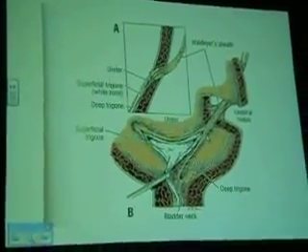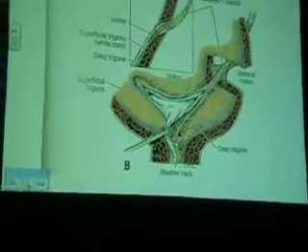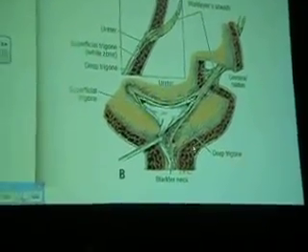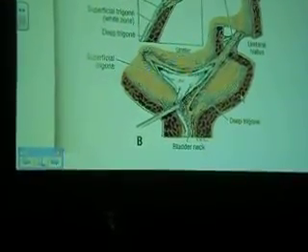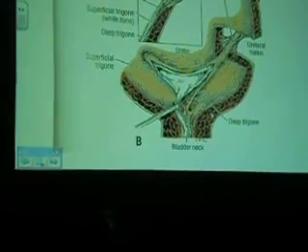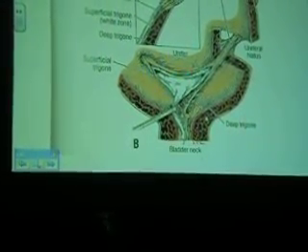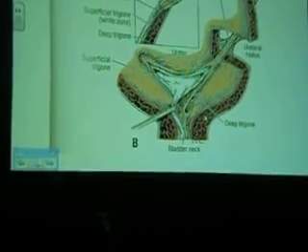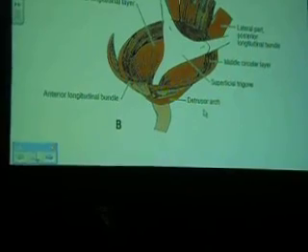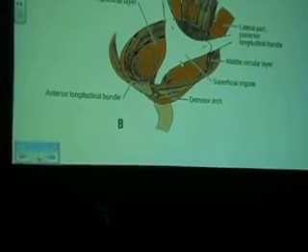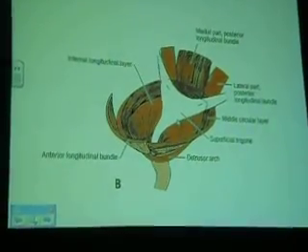The deep trigone now comes at a deeper level, and that deep trigone with the middle layers of the smooth muscle will help in forming what is referred to as the internal sphincter or the genital sphincter. There we have the superficial trigone.